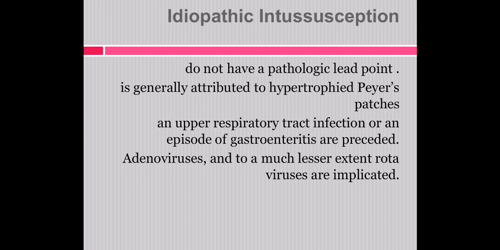Another way of classification of intussusception is according to the etiology or the cause. It is classified into primary idiopathic intussusception, which might be associated with hypertrophied lymph nodes of the bowel and is the most common.